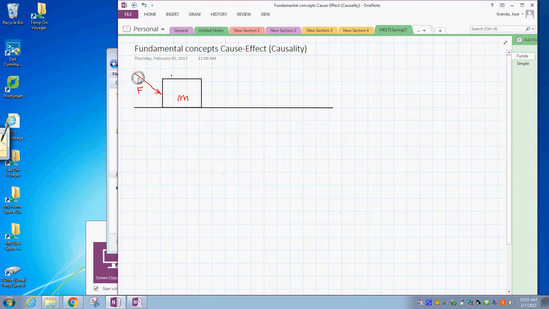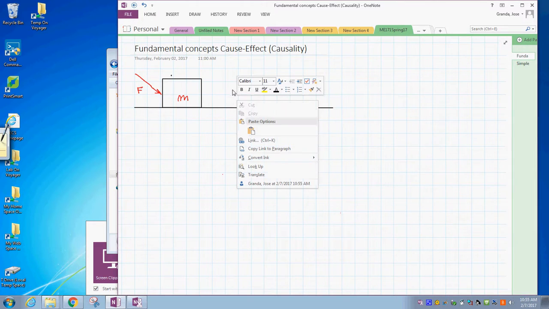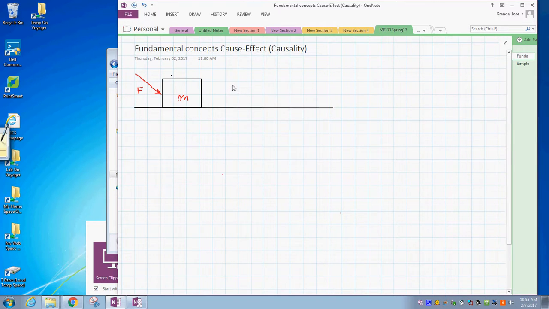As a consequence of the force, the mass is going to move to a different place. Why don't we put it in dotted lines over here as the new position of that mass. So this would be the position at, let's call it, x1, and then there would be the position at x2.